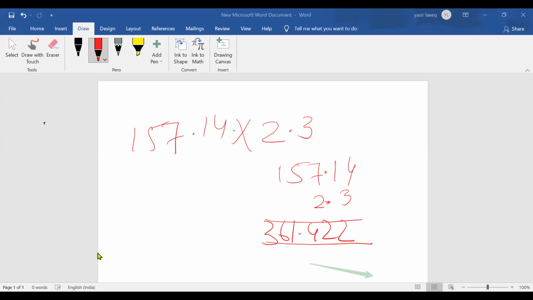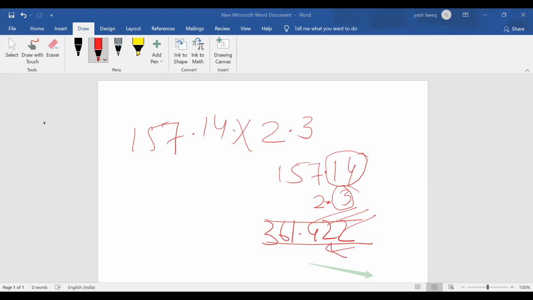Okay, so listen to me again and see. Here there are two decimal places, and here one place. So in the answer we have to put the decimal after 3 places, counting from left to right: 1st place, 2nd place and 3rd place. The total number of decimal places is 3. I am showing you the image again.